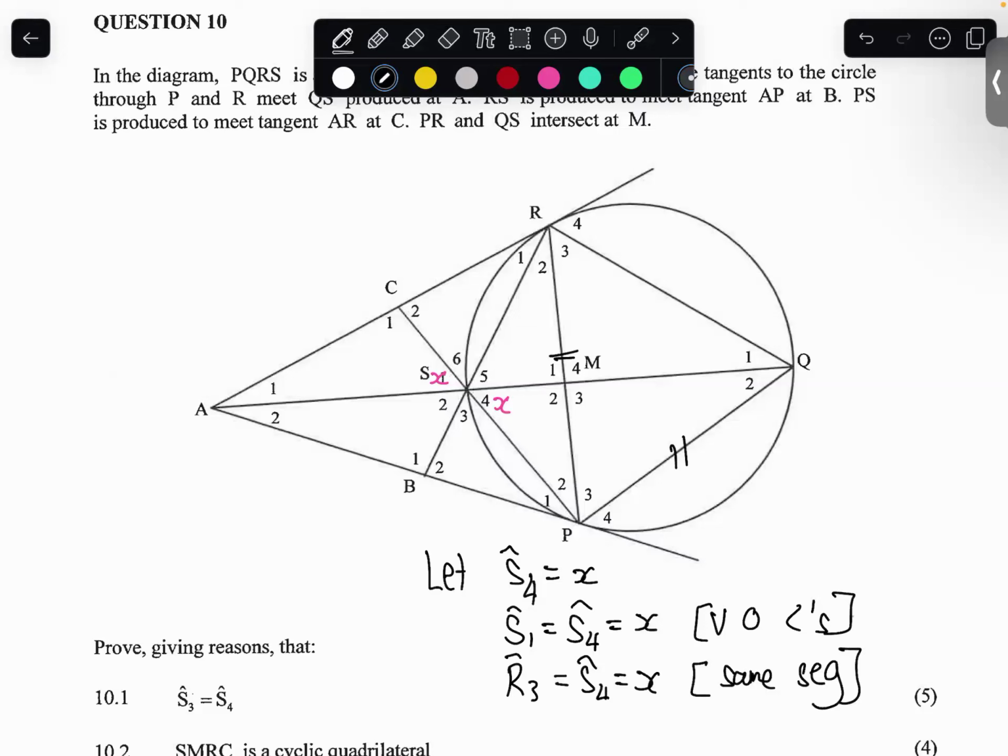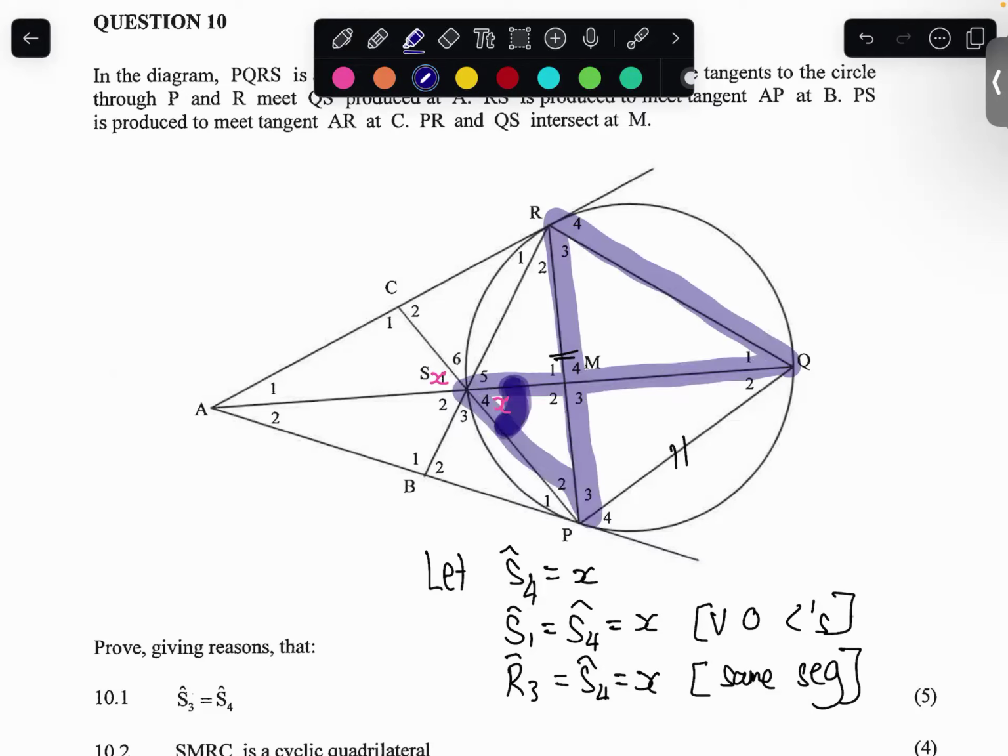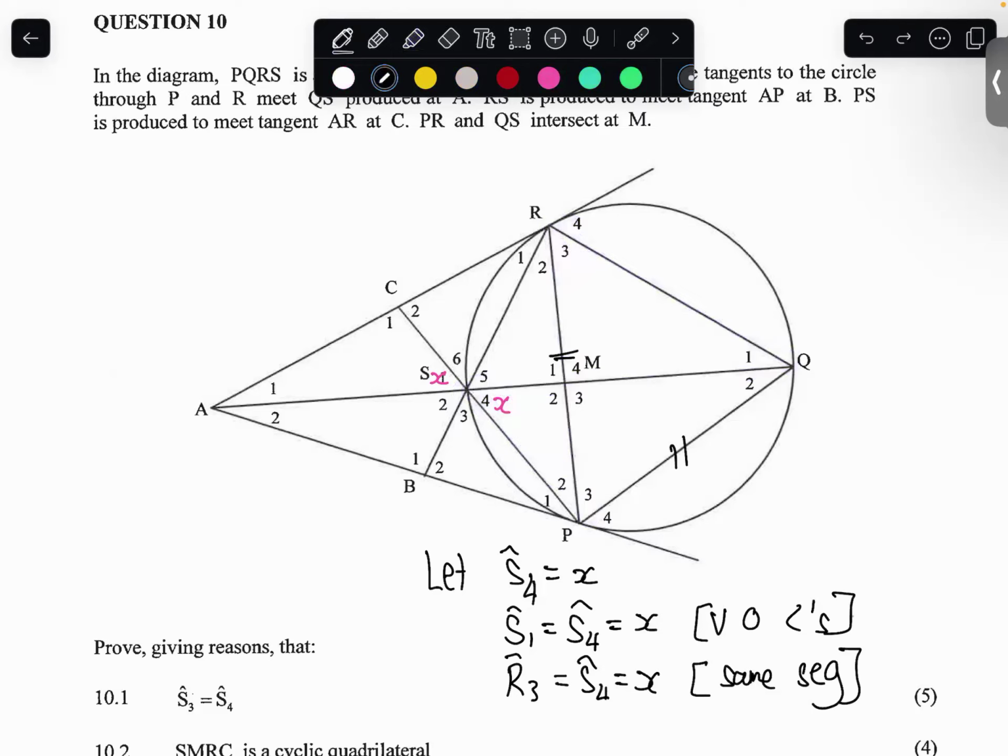In the bow tie butterfly, S4 and R3 are equal. So this is X. I forgot what I was proving. Oh, S3.